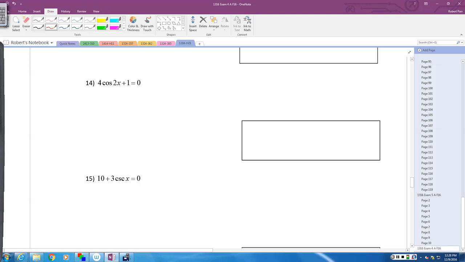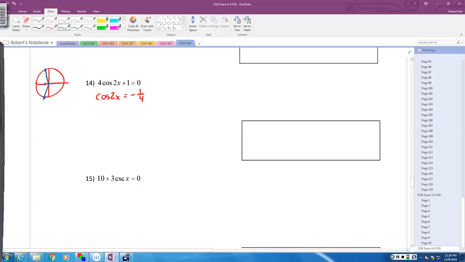Okay. So, I'm going to isolate the cosine of 2x by subtracting the 1 and dividing by 4. I need to find 2 points, any point on my unit circle that has an x value of negative 1/4. Negative 1/4 is about right there, so up here and down there.